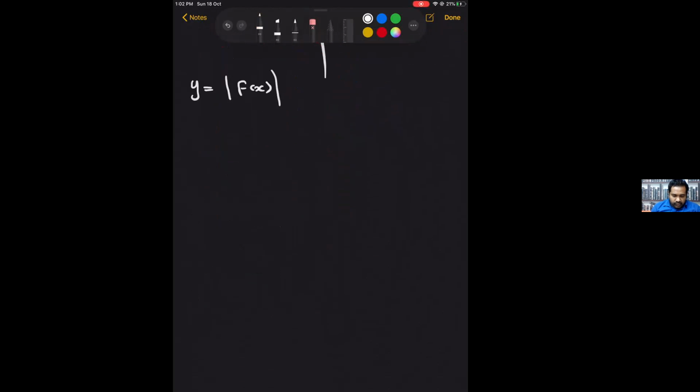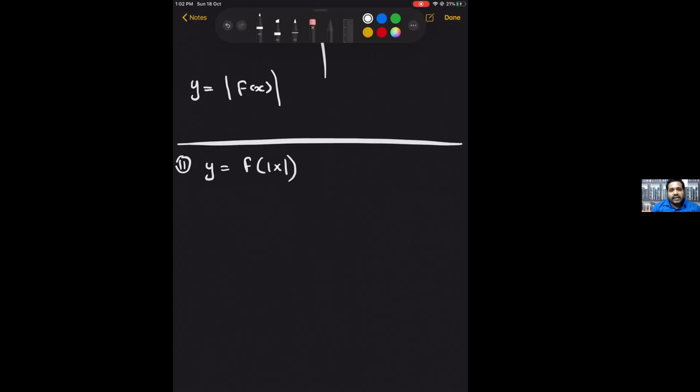Now come to the second scenario, that is y is equal to f of modulus of x.